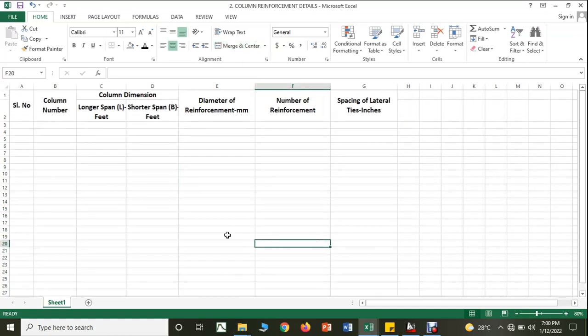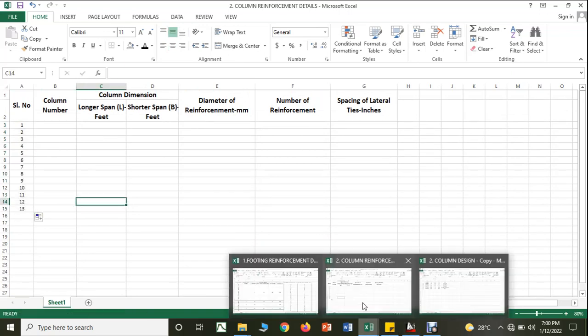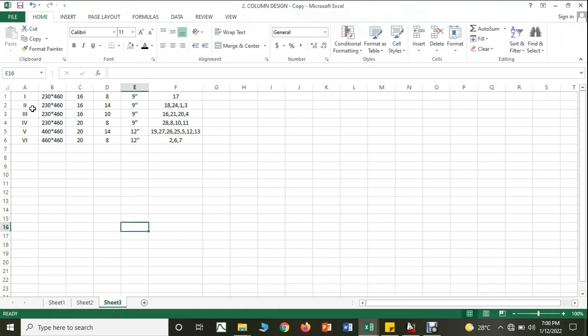Now let us start with the serial number. I can give it as 1, 2, 3 like that. Now if I start with the first grouping of columns, I have only one column under that, column number 17.